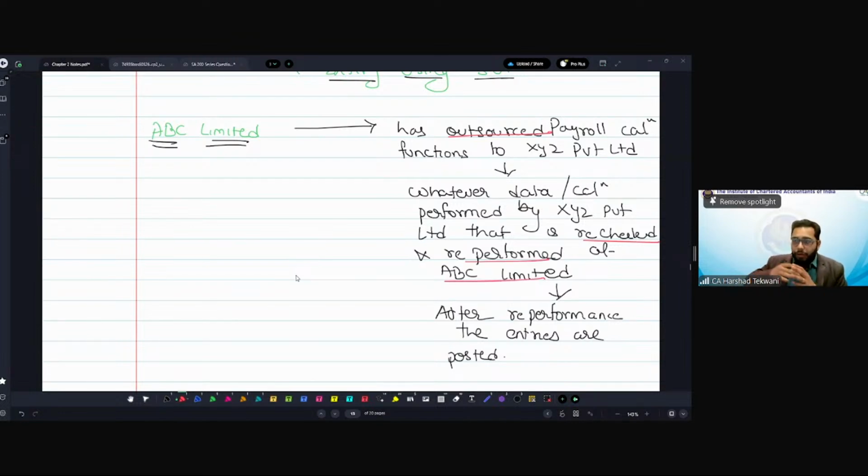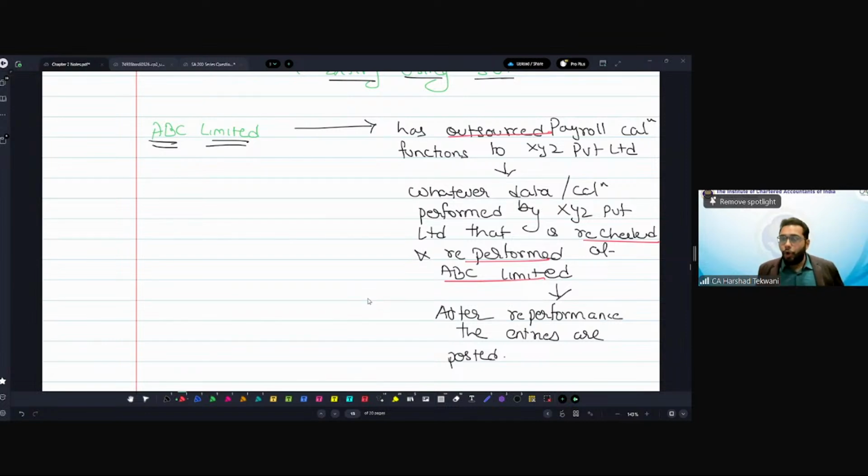If I remove the work performed by XYZ Private Limited, everything is being reperformed and rechecked by ABC Limited. Hence, none of the transactions of XYZ Private Limited are impacting the financial statement of ABC Limited, because again, whatever work was performed, ABC is reperforming.